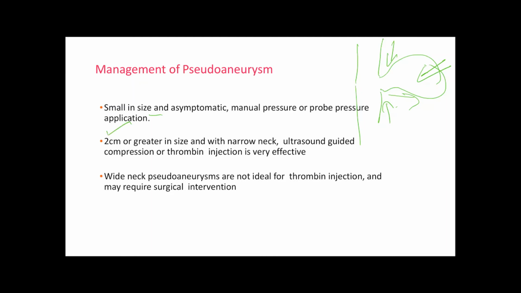If it is 2 centimeters or greater in size with a narrow neck, you can use an ultrasound probe to locate the pseudoaneurysm, directly inject thrombin into it and compress it, and it will result in healing of the pseudoaneurysm. If the neck is wide, you will need a surgical intervention here.